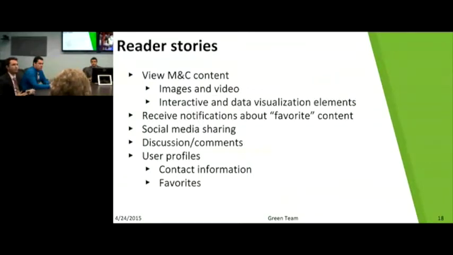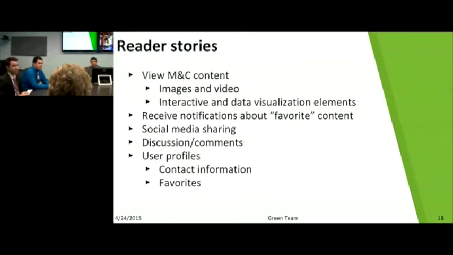The first one would be the reader stories. They can view the Mason Crown's content, such as images and videos, and the interactive and digital visualization elements. They can receive notifications about their favorite content or articles, if things change, such as if they edit the article or someone comments on it.